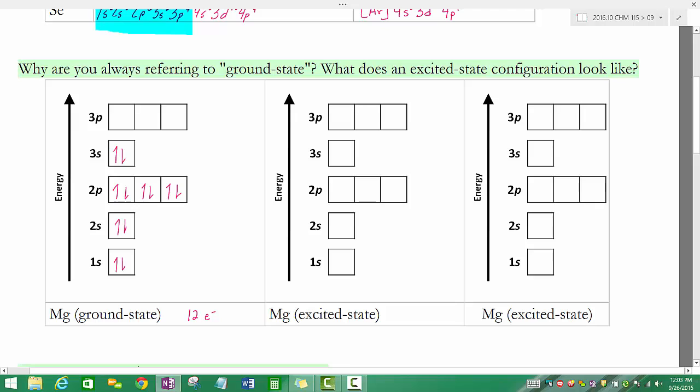Excited state has the same number of electrons. However, and this is the key point, in an excited state atom, it is not in its lowest possible energy state. So you might have an example like this.